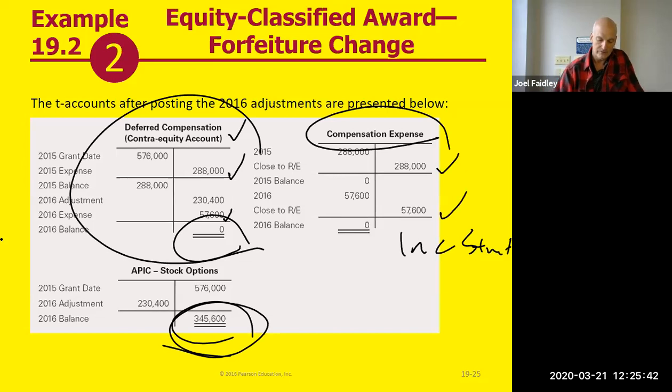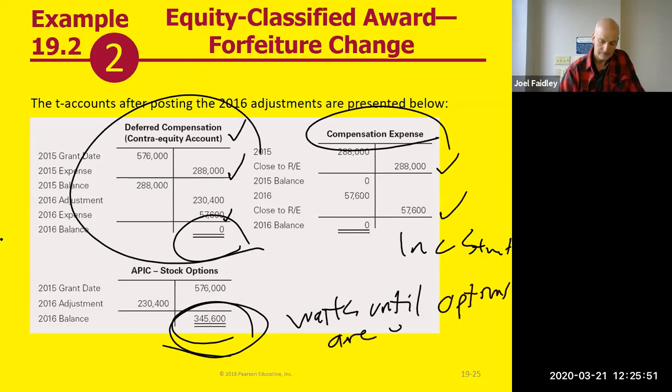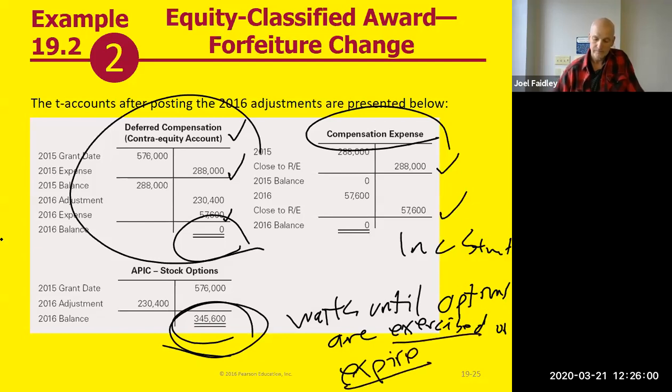So now the 345.6 waits until options are exercised or what? Expire. Then you have to take it out of there and do something with it. To expire, you just debit APIC stock options for 345.6 and credit APIC stock options expired for 345.6.